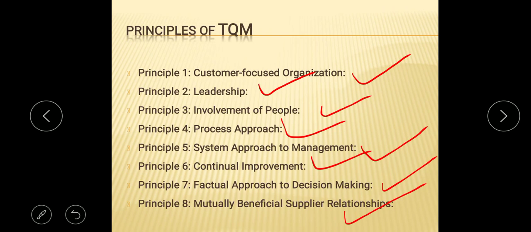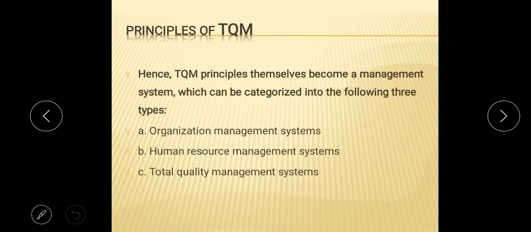Successful TQM requires both behavioral and cultural changes to fulfill the commitments of an organization towards fulfilling customers' satisfaction. Hence, TQM principles themselves become a management system which can be categorized into the following three types: organization management system, human resource management system, and total quality management system.